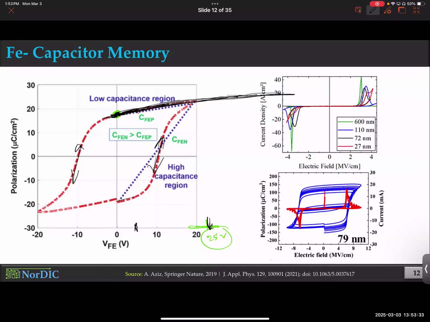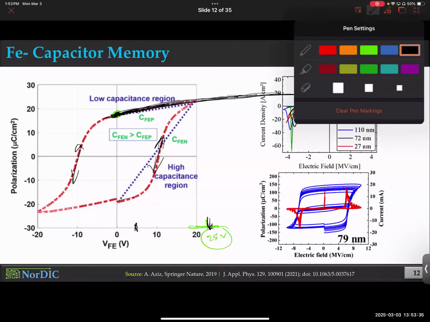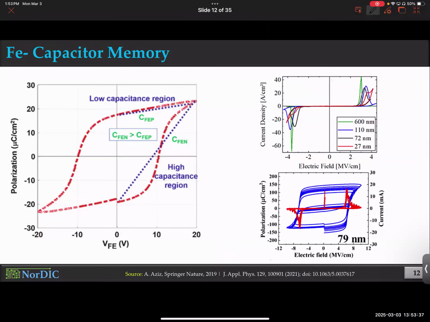Does that make sense? Okay. You guys know the current flowing through a capacitor is this. So you have a low enough capacitance, you have a low enough current. It's almost linear. Okay.